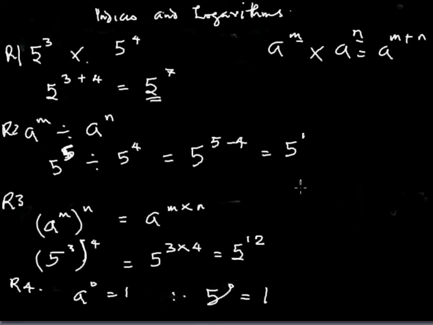Now in rule 5, when you have a raised to power minus n, it is the same thing as 1 over a raised to power n, because it's minus.